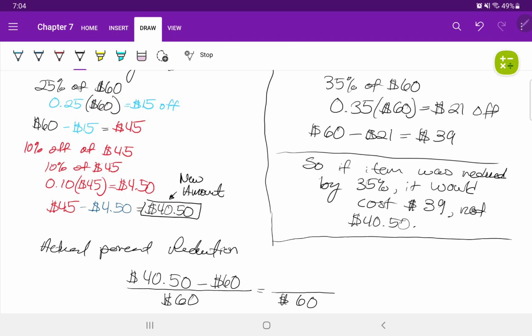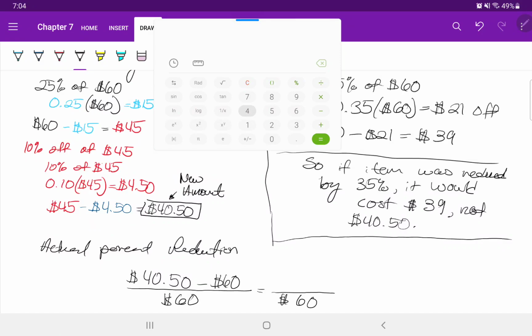Subtract the tops first. 40.50 minus $60 is going to be negative 19.50. After that, divide that by 60.